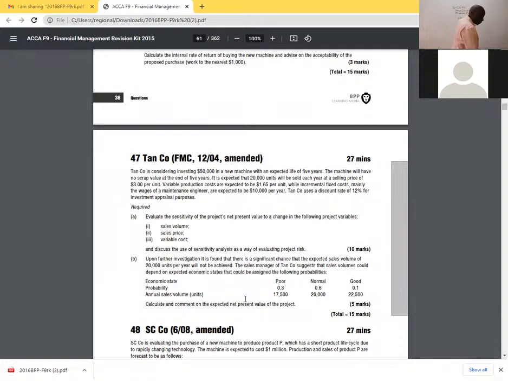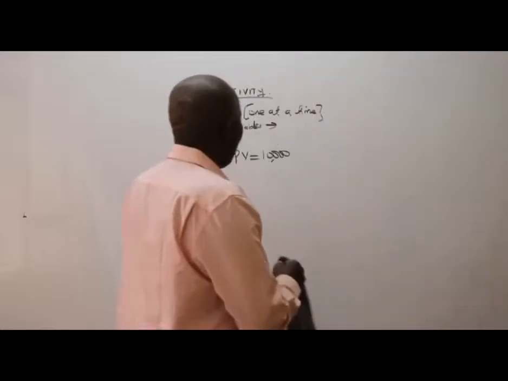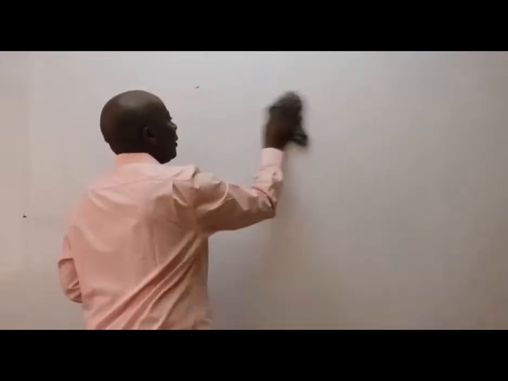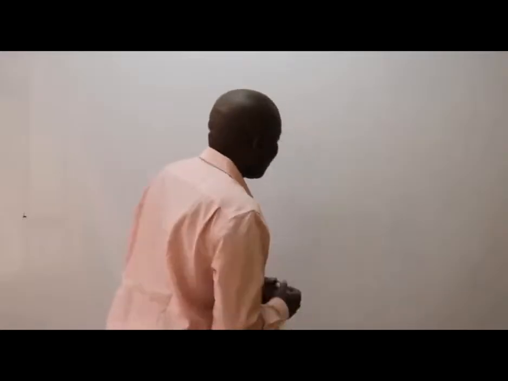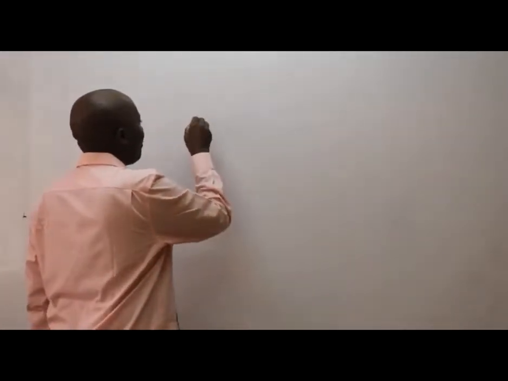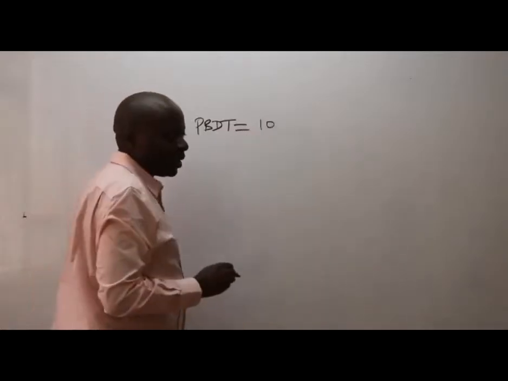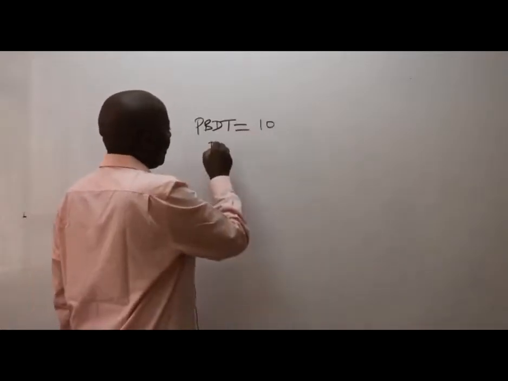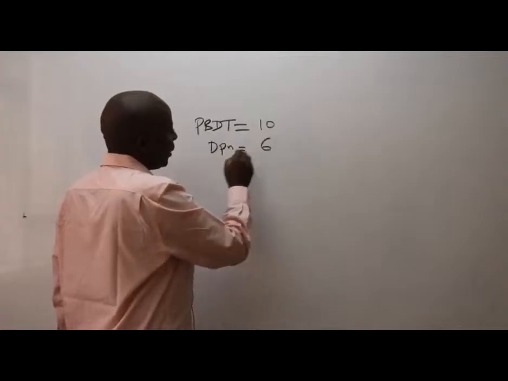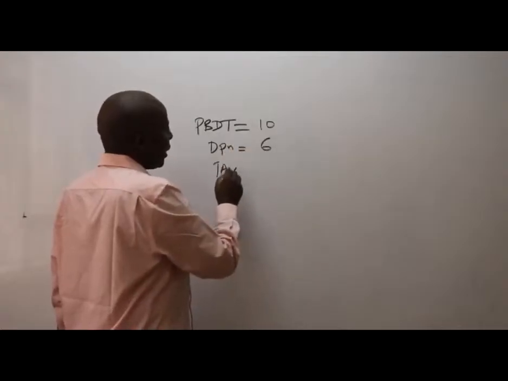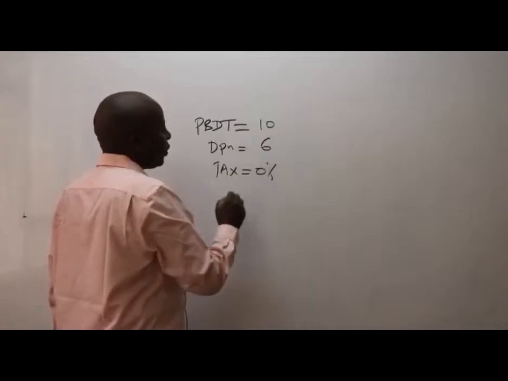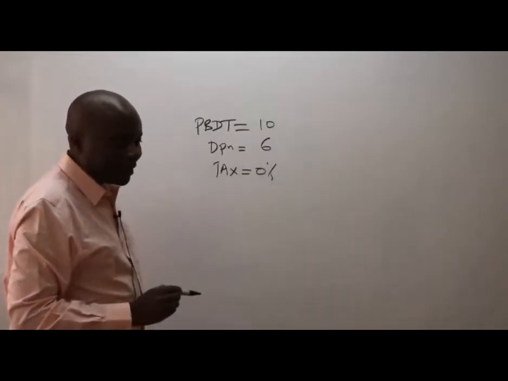Now, ladies and gentlemen, please listen here. If, for instance, you have a profit before depreciation and tax of 10, all right? And then you have depreciation of, for example, 6. Then we have tax of what here, somebody? Of 0%.